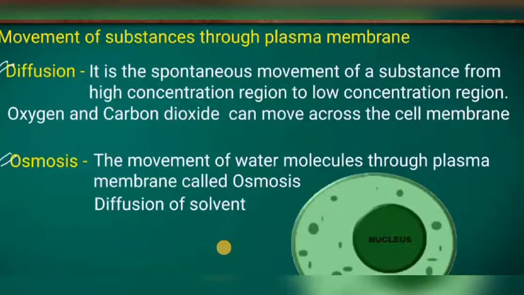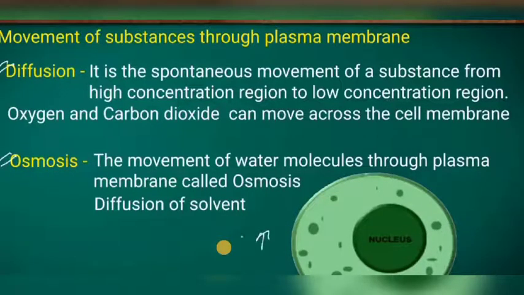The diffusion process takes place when there are two regions, one region with a high concentration and another region with a low concentration. For example, most gases are transferred by the diffusion process. For example, oxygen and carbon dioxide can both move across the cell membrane by the diffusion process.